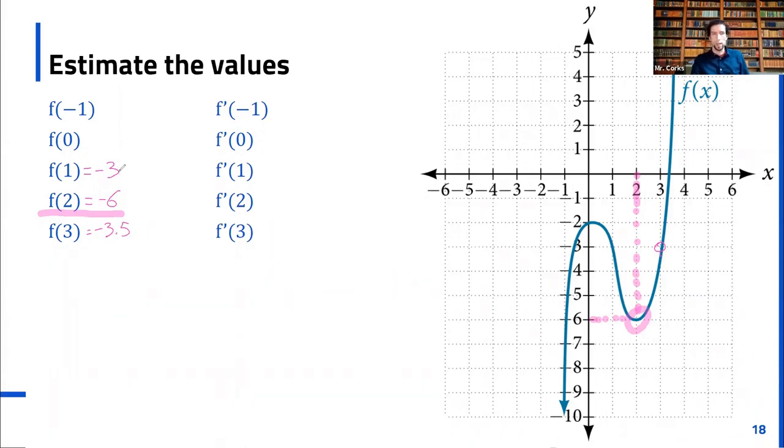Okay, what about f of 0? -2. Looks like it's right about -2. I think maybe the maximum point is happening slightly to the right of that. So maybe a tiny bit less. Let's just say -2, just estimating approximate values here.